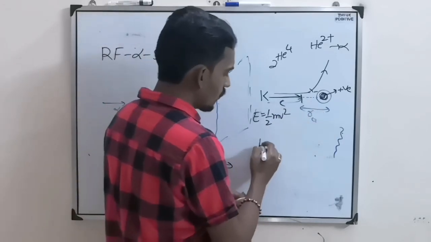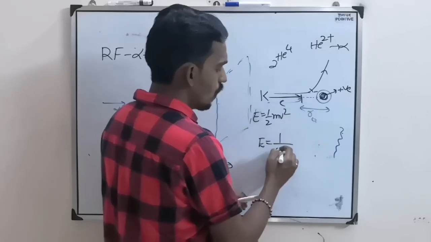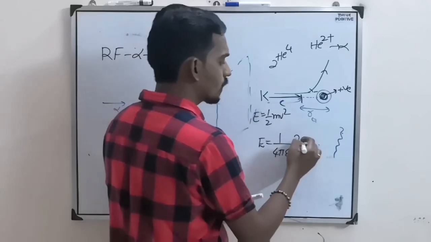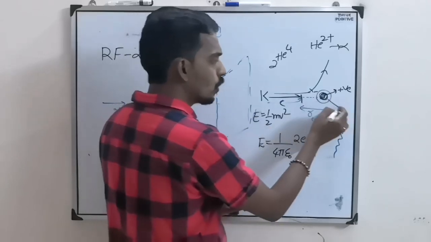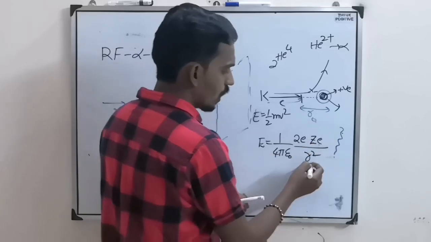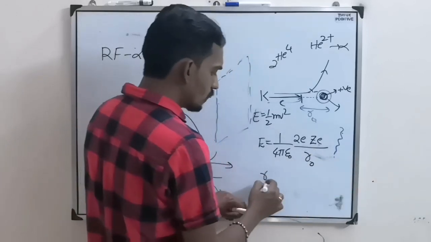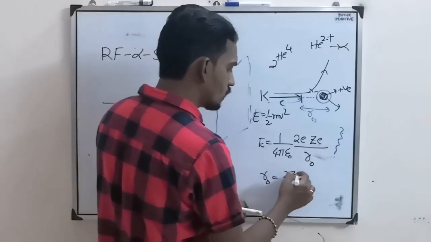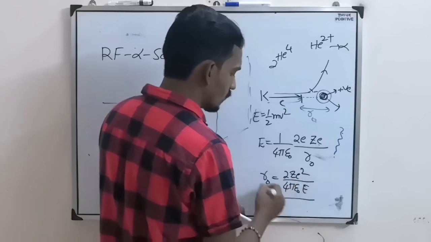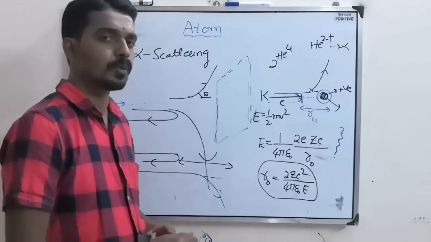The kinetic energy equals the potential energy at this distance, that means 1 by 4 pi epsilon naught times Q1 Q2 by R naught. Alpha particle charge is 2e, gold nucleus is Ze. So the R naught value is 2Ze square by 4 pi epsilon naught E. This is the formula for distance of closest approach.